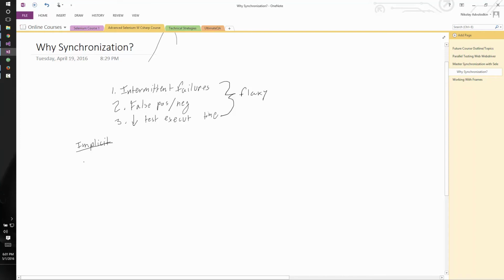It's great because it's easy to use. It's bad because once you define that timeout, it lasts for the entire duration of the driver. And so therefore that's not good, because sometimes your elements may load slower, sometimes they may load faster, and so you don't want a timeout stuck on your driver, because that can lead to, again, false positives and false negatives.